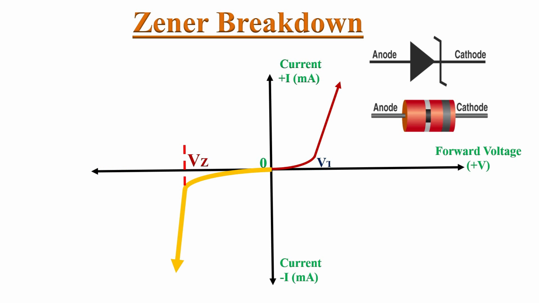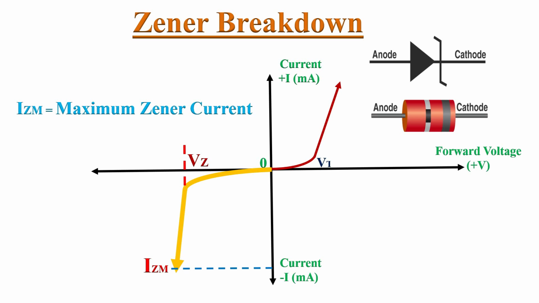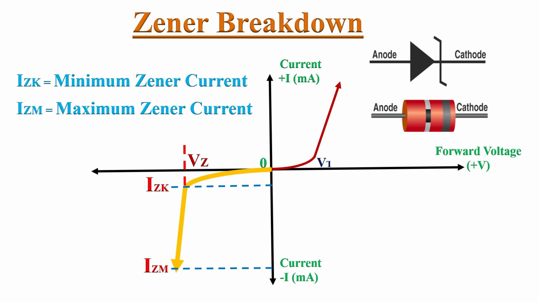The datasheet of Zener diode provides information of maximum allowable Zener current IZM and minimum Zener current IZK. So to use Zener diode in breakdown region, the operating current must be in between these two limits IZM and IZK.